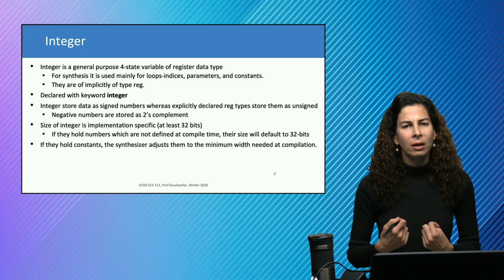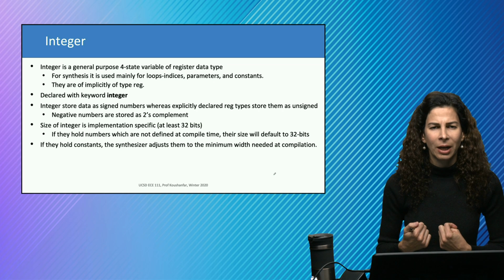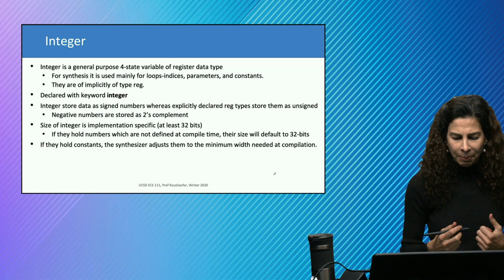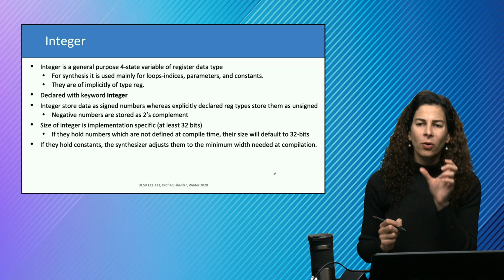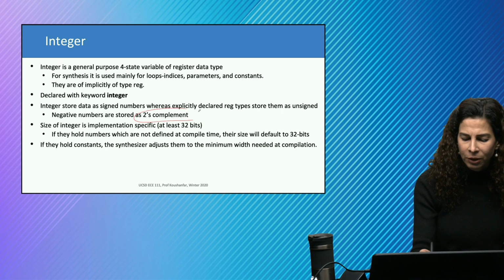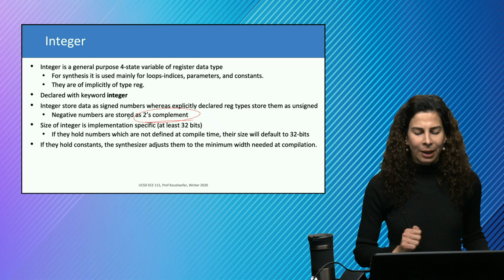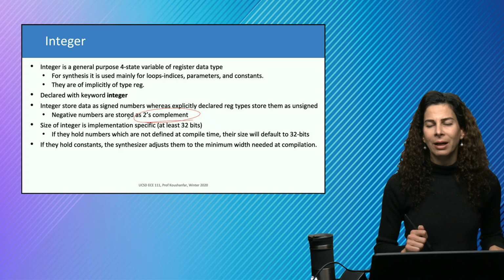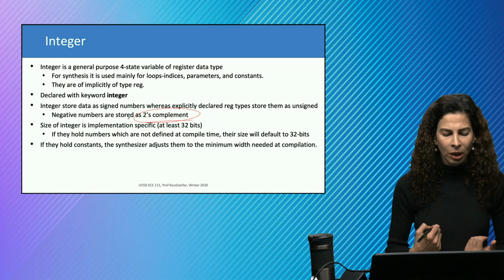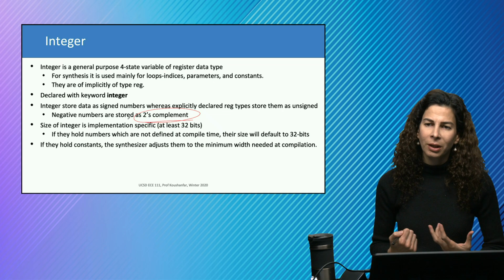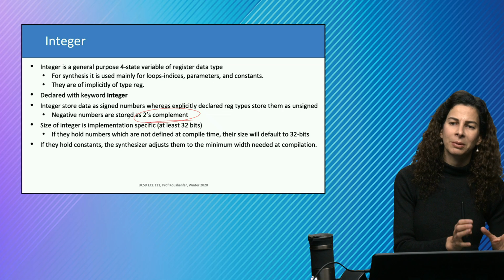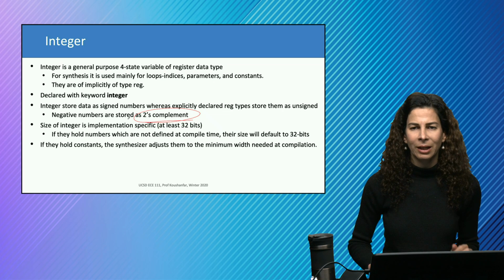They are implicitly of the type register, and we have the keyword integer. They can be used for signed numbers, and the sign is typically defined using 2's complement. You have at least 32 bits as the size of the integer, but if they hold a constant, you could change the size, so your implementation takes less space.